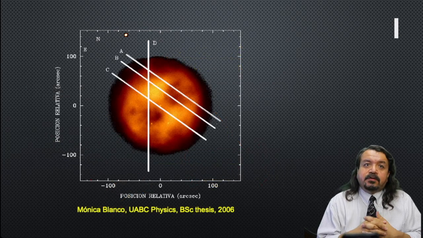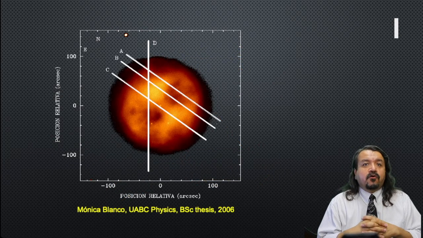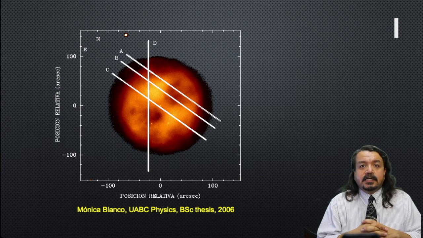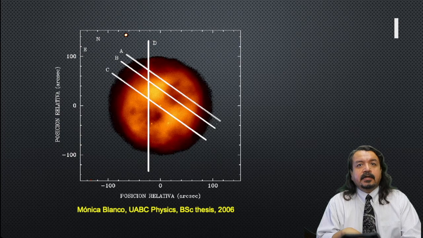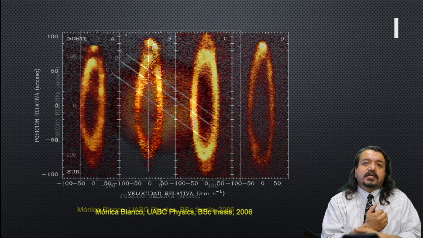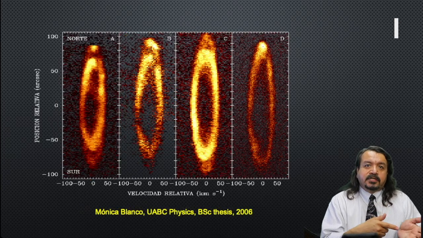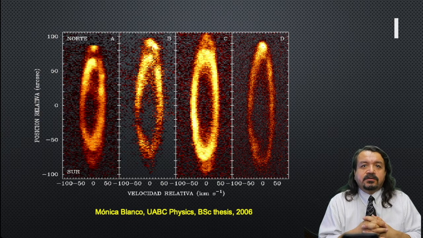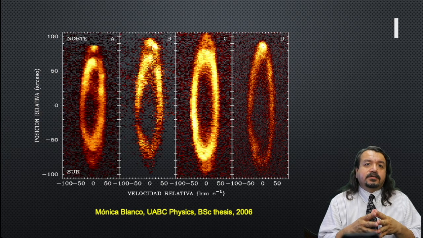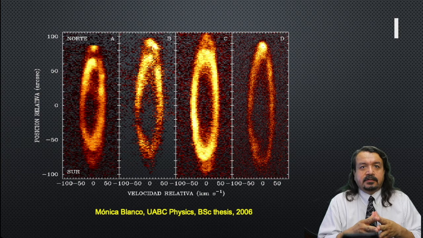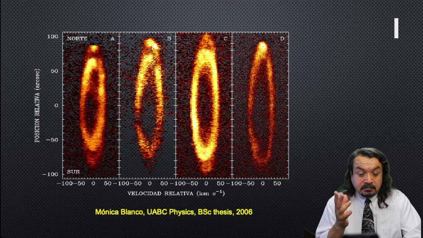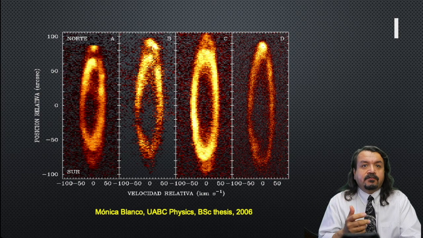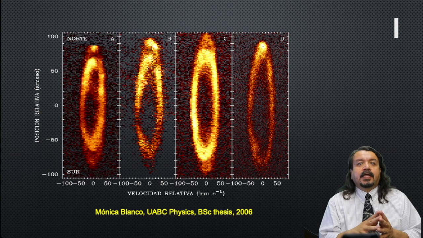This is a real example of a spherical nebula that had four spectra taken, as seen in the slide. And here you can see how the spectrum matches a spherical expansion of about 40 kilometers per second. Okay, it's like you expect for a spherical shell.